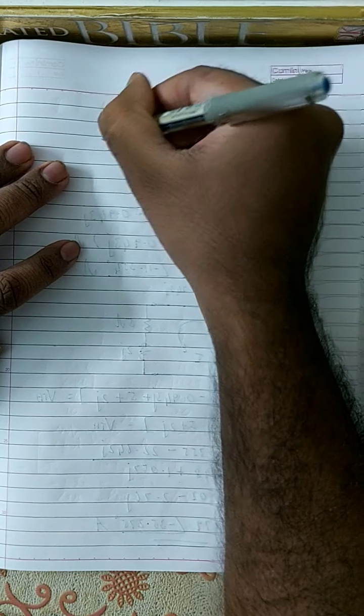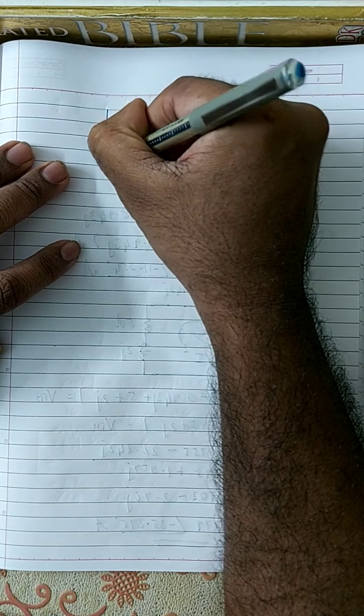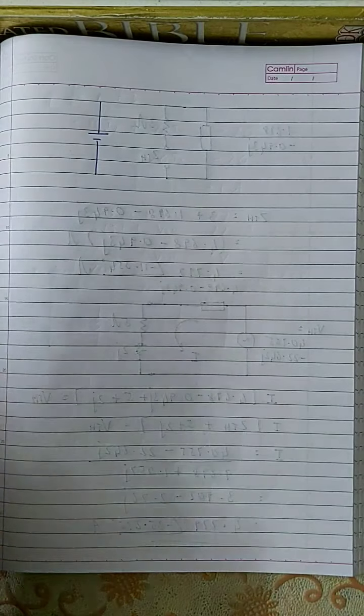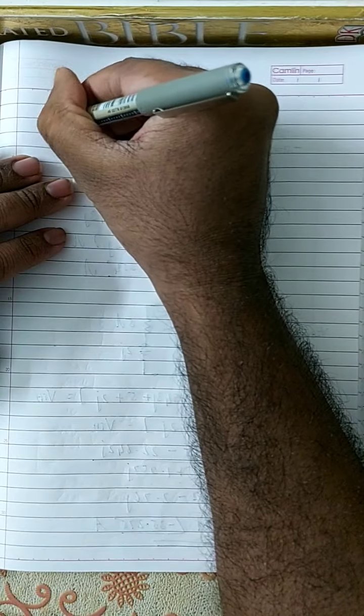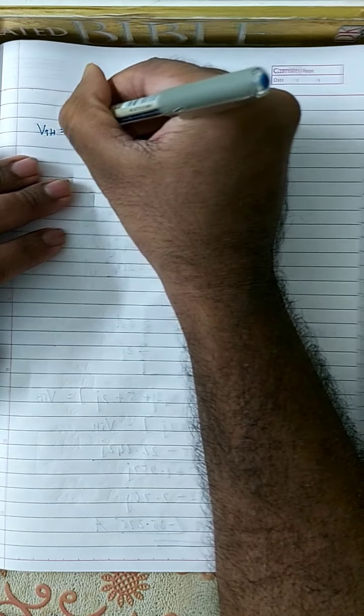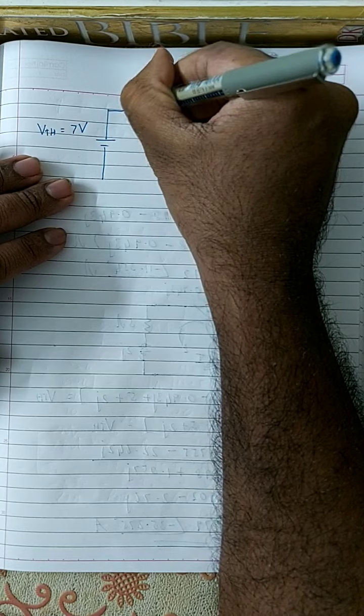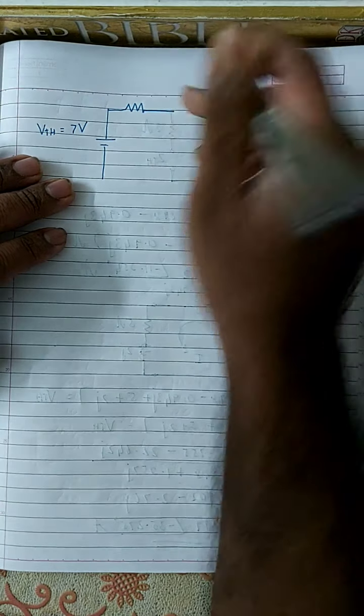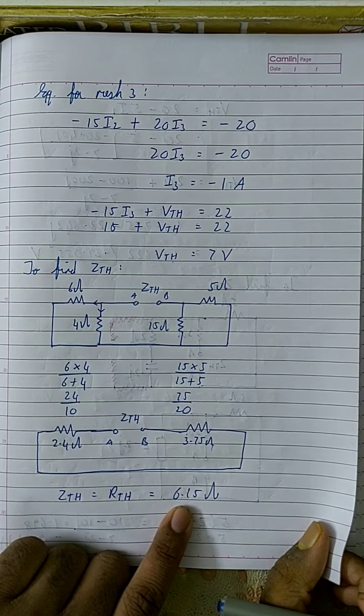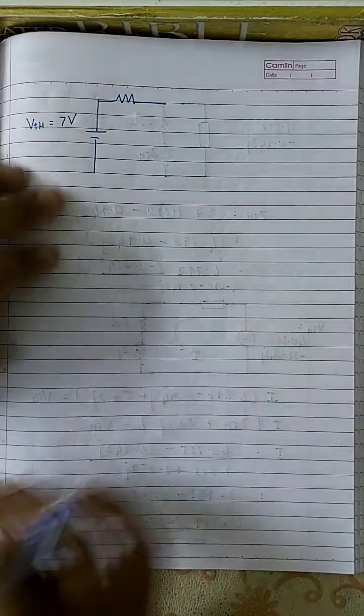That is, we have a single battery over here, and this is VTH, and the value of VTH is 7 volt. And then you have a resistor over here, and this resistor is 6.15 ohm.